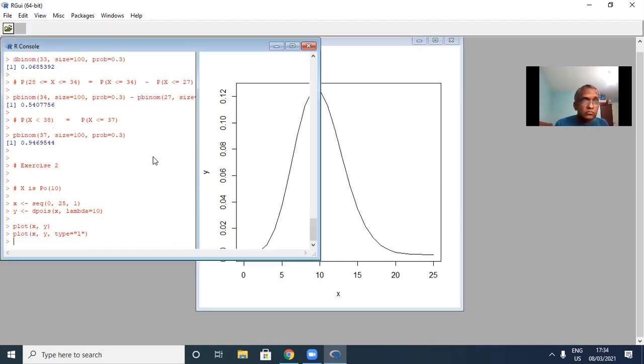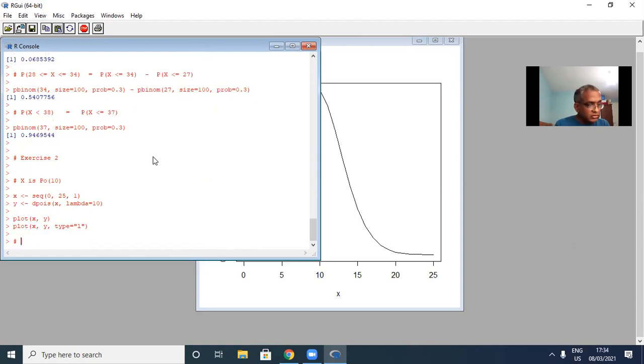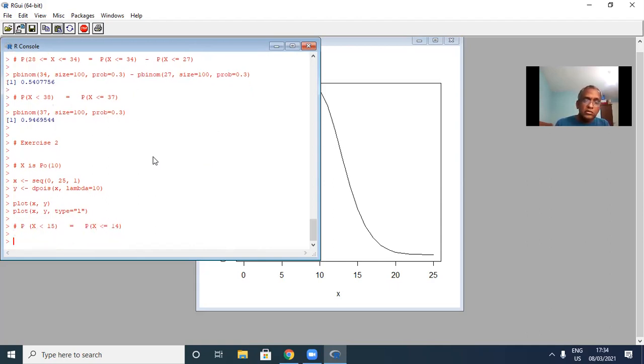All right, then the next part is to find the probability that X is less than 15. Because X is integer valued, this is the same as the probability that X is less than or equal to 14. So for Poisson, it will be P Poisson at 14, lambda equal to 10.